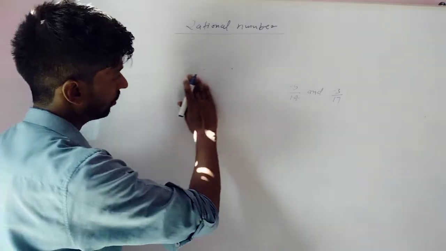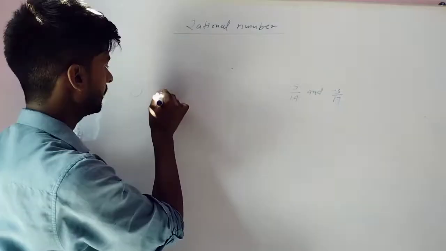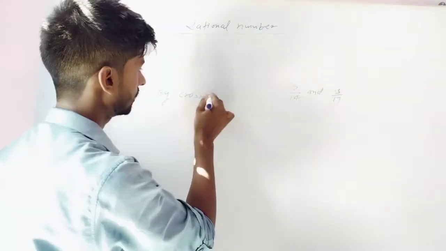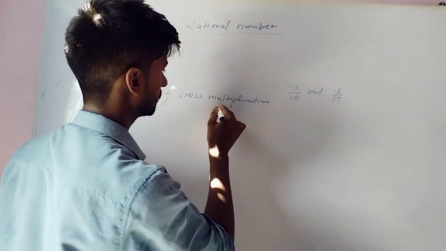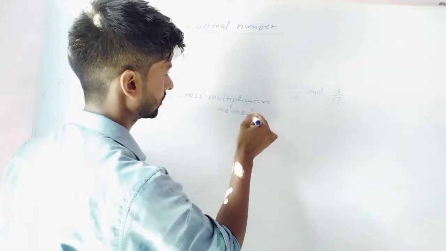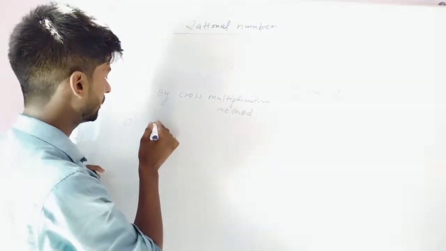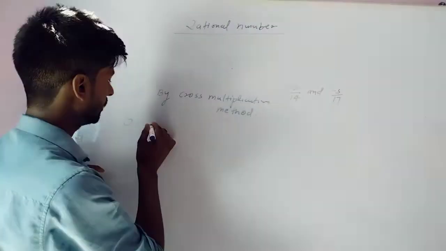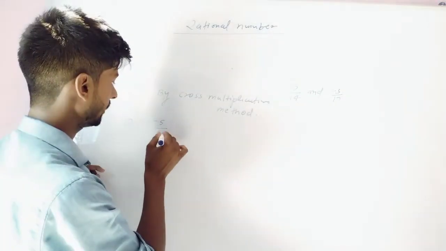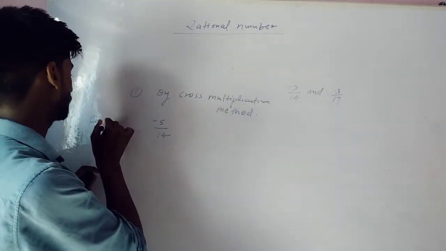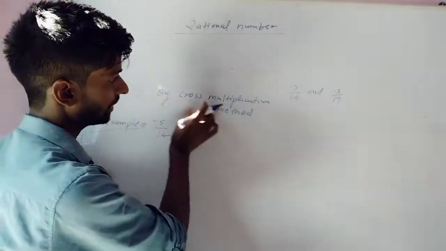The comparison of rational numbers by cross multiplication method. For example, we can consider an example: how will we compare by cross multiplication?